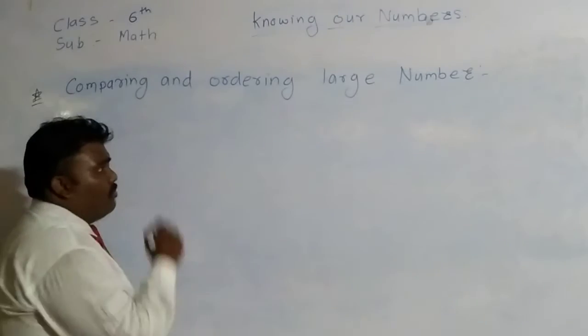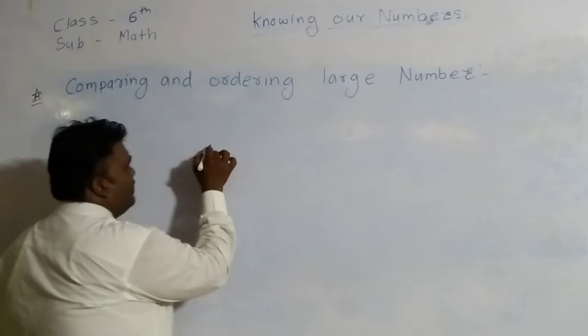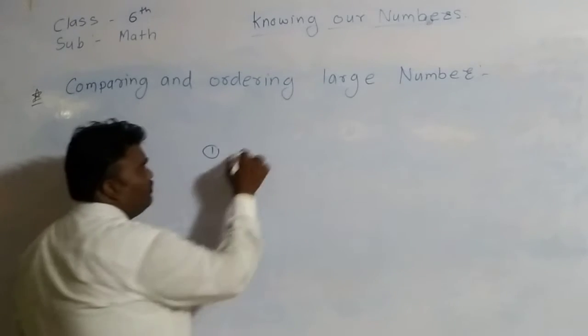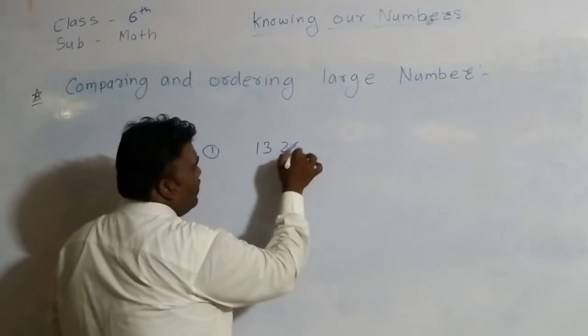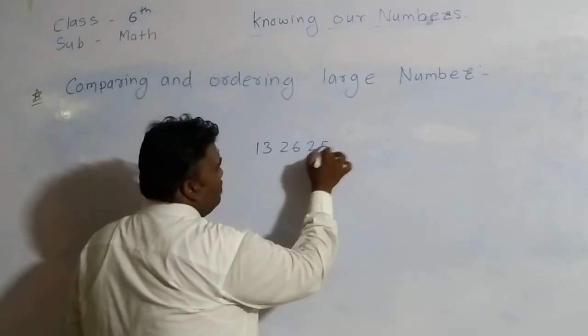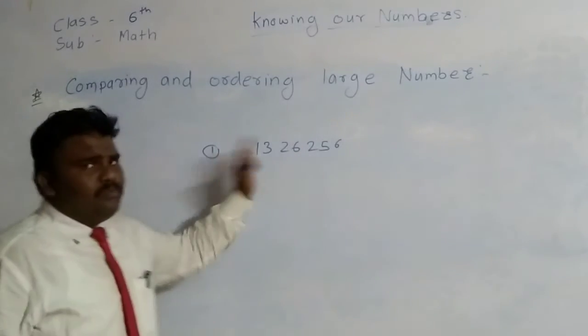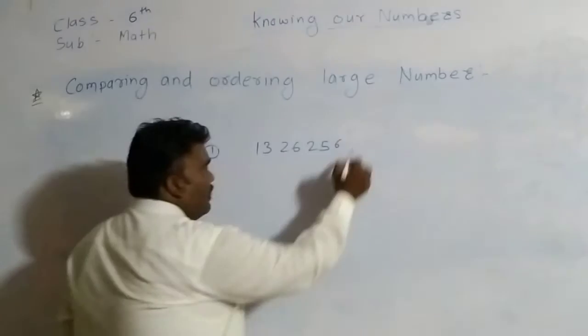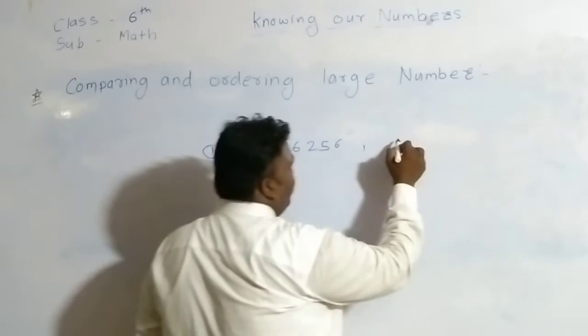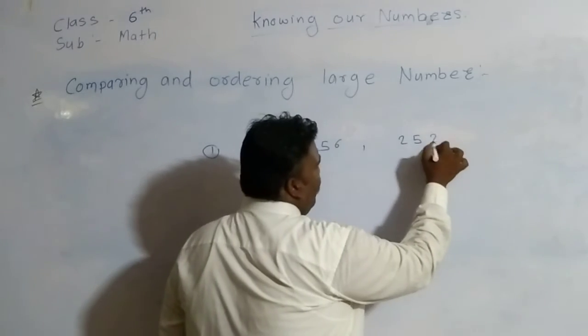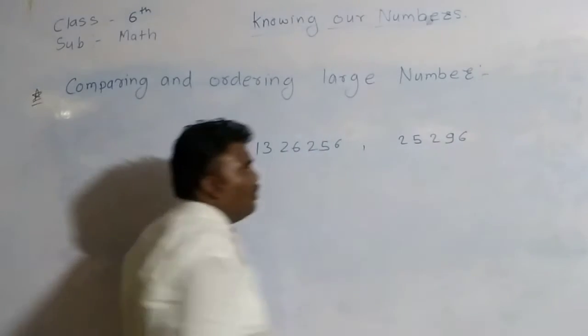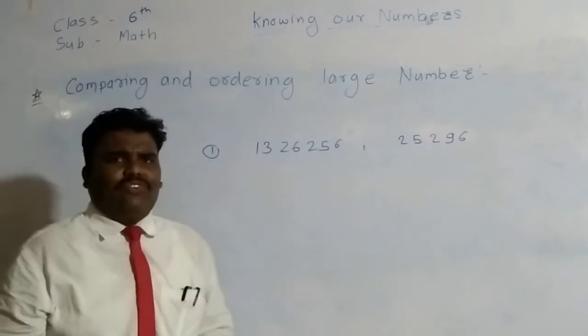If you observe here, suppose I write one example like this: 13,26,256. Suppose this is one number, and the next number I will write here: 25,296. Okay, so which one is greater, dear friends?